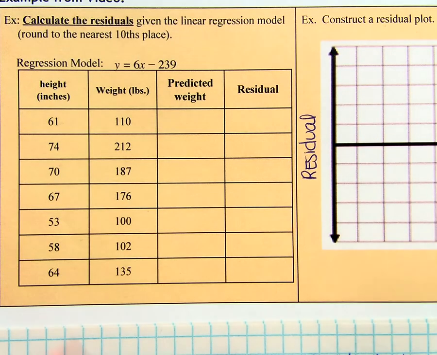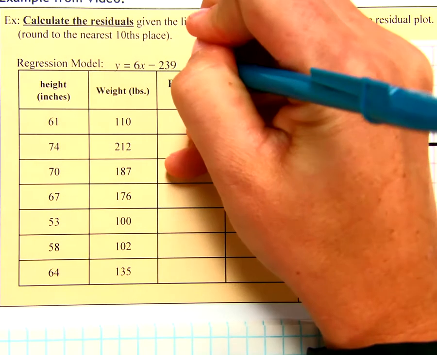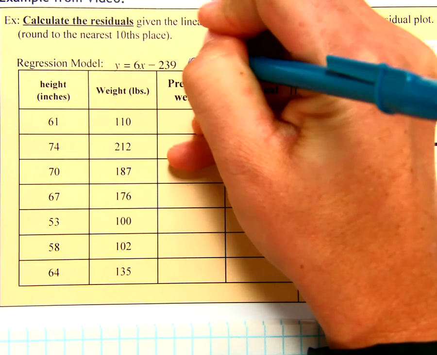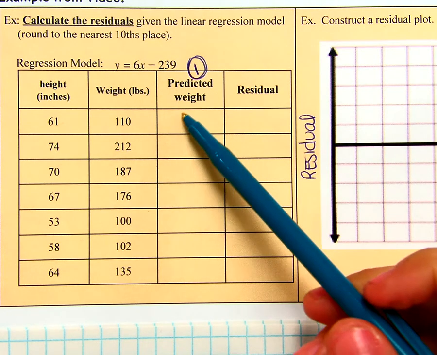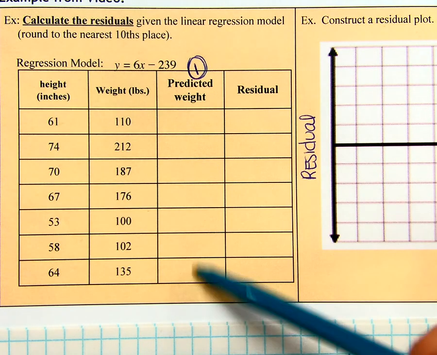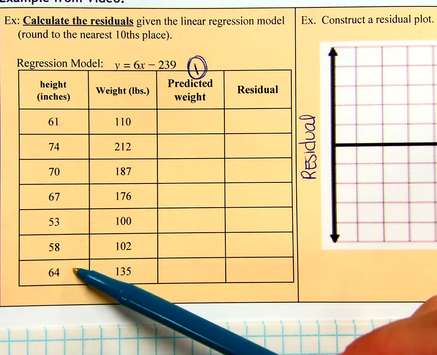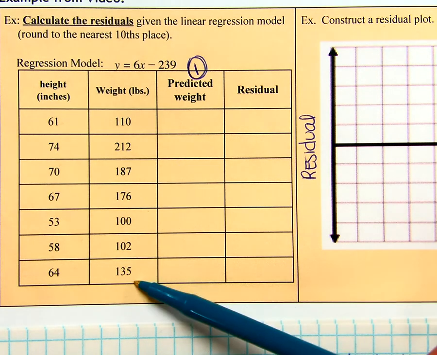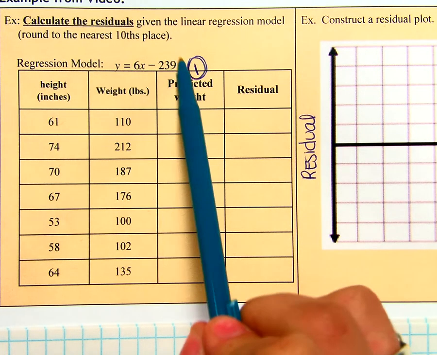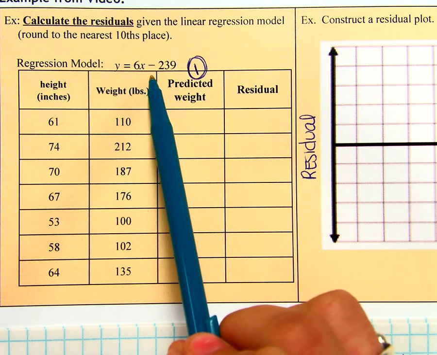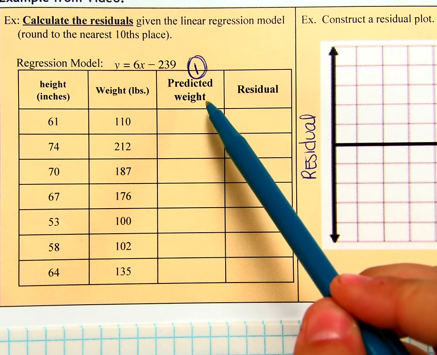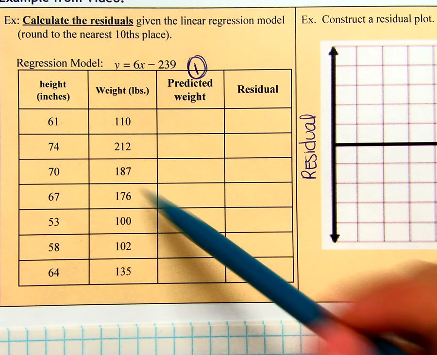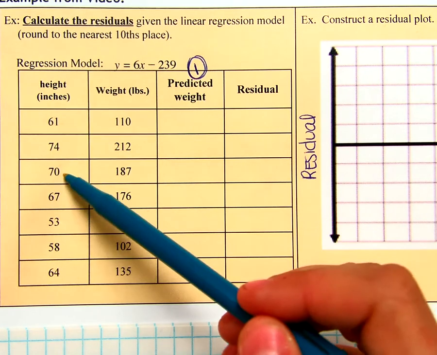First, to start, the first thing you have to do is calculate all of the predicted weights. So we have our height, we have a weight, we have the regression model, and now what we need to know is what would we expect to get given the regression model and given the data.